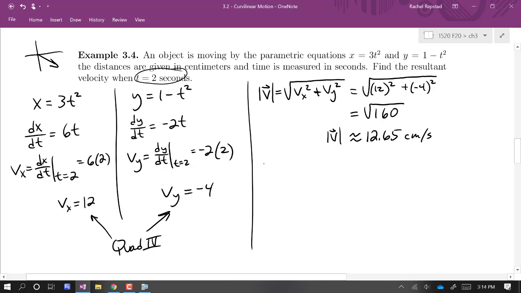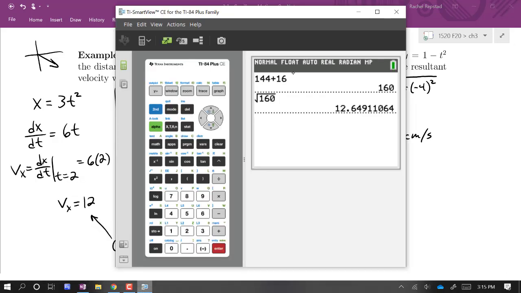Now, the reference angle is always arctan of the absolute value of Vy over the absolute value of Vx. So I'm just going to plug in my components, Vy over Vx, but I'm making everything positive, 4 over 12. I'm going to put my calculator in degree mode. It's okay to use radians for your angle if you want. If you do that, then the adjustments you make for different quadrants will be from the pi and the 2 pi instead of 180 and 360.